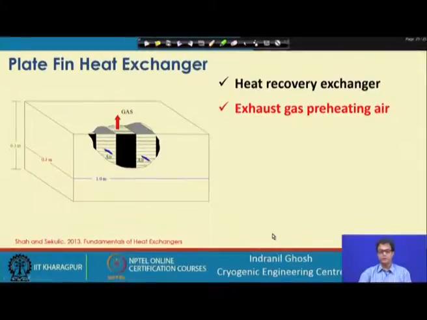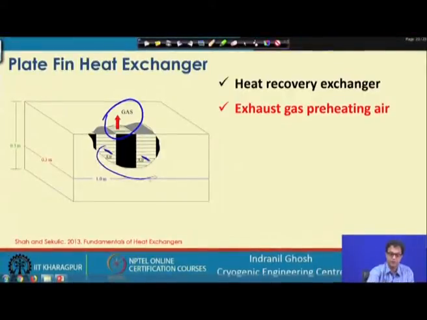The exhaust gas is preheating the air, which means the gas is getting cooled and the air is getting heated up. So this is the hot stream, and this air is basically a cold stream.